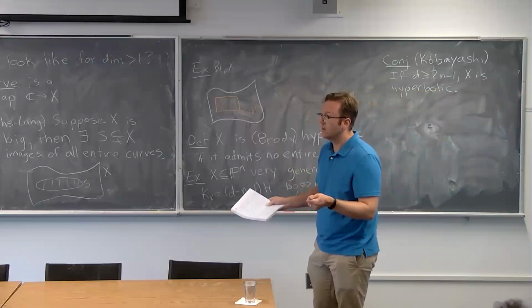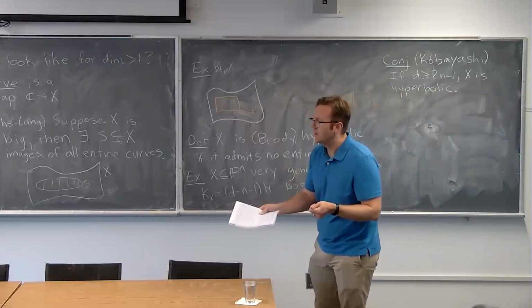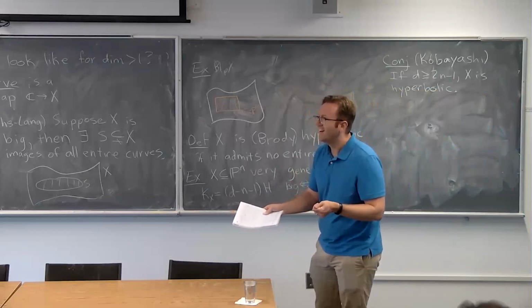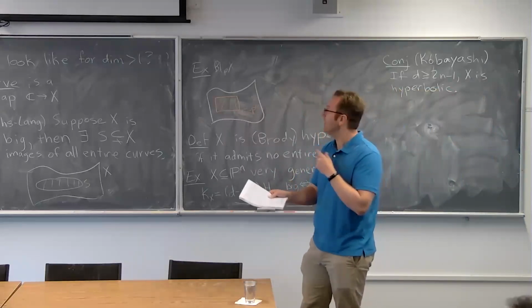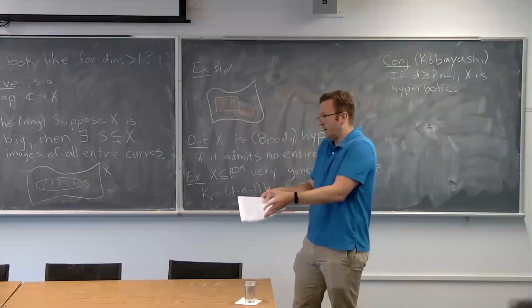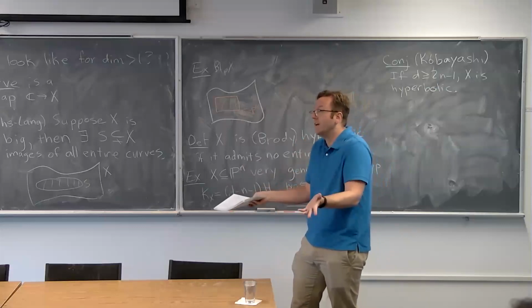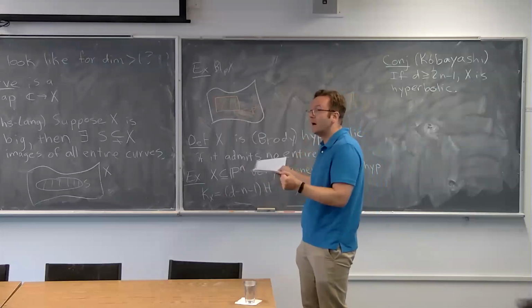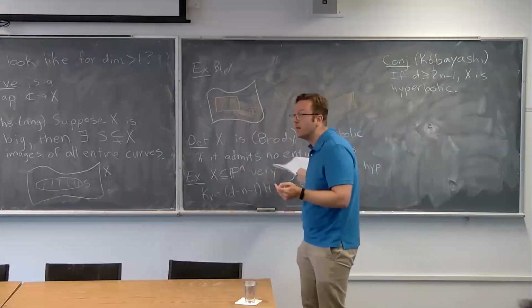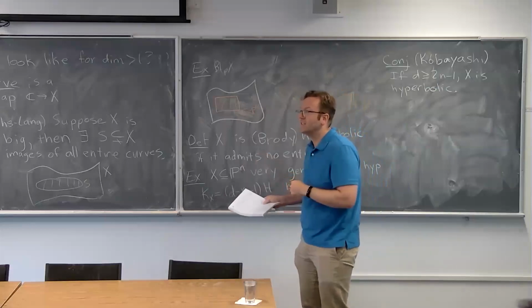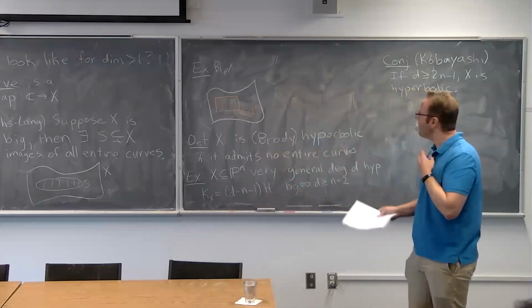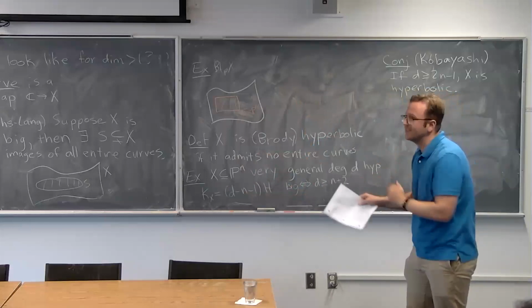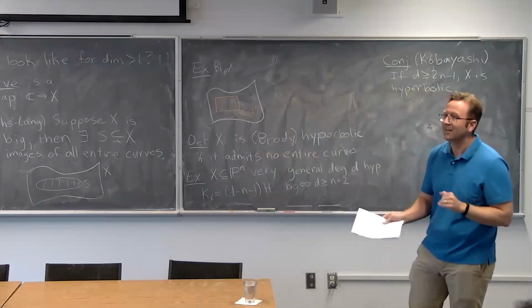Yeah, the Kobayashi pseudometric. You are hyperbolic if the Kobayashi pseudometric is non-degenerate. And Brody's theorem is that if you're a compact complex variety and you're Brody hyperbolic, then the Kobayashi pseudometric is non-degenerate. It's almost exactly the same thing, with a couple of technical caveats.